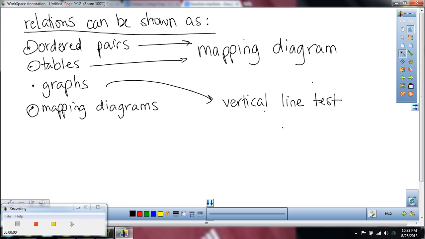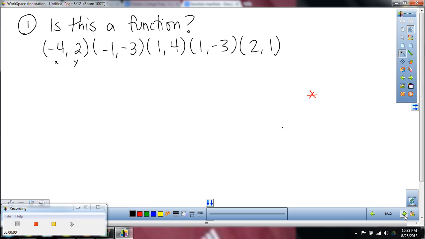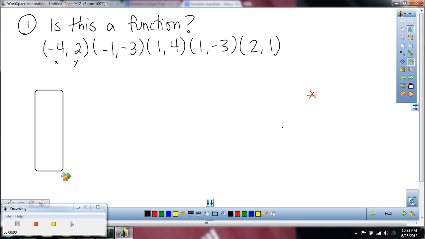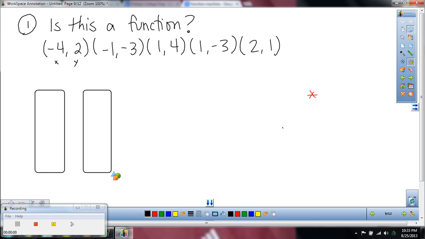Well, going back, they said using a list of ordered pairs, we need to draw a mapping diagram to determine whether it's a function or not. So in a mapping diagram, we're just going to draw some boxes for our domain, our input values, some boxes for our range, our output values. And we're going to put all of our x's, or our domain, and all of our y's in the boxes.